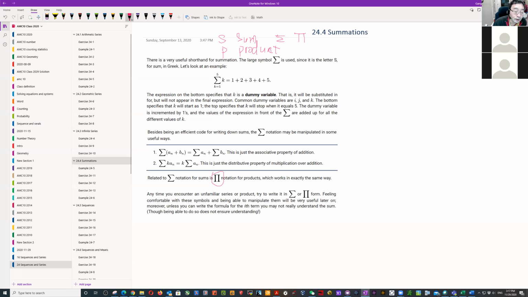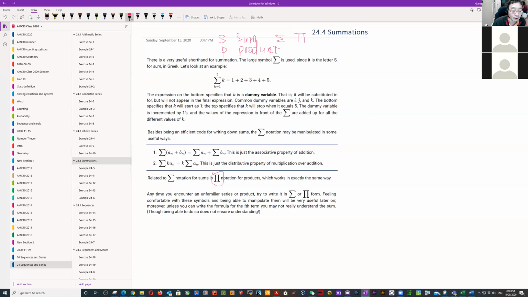And in a computer, you can choose the loop step to be not 1. But in math, the loop step of the summation and the product will always be 1. So basically, you read this as K starts from 1, will end at 5, and each step will increment by 1.